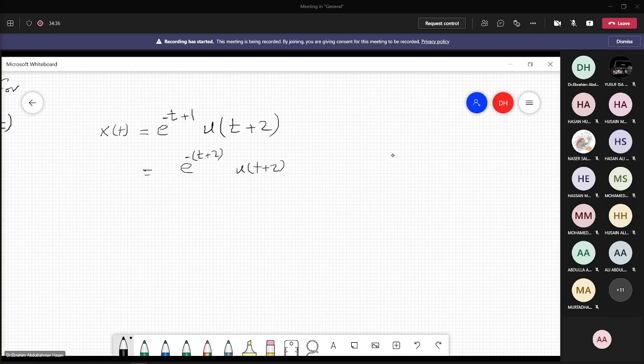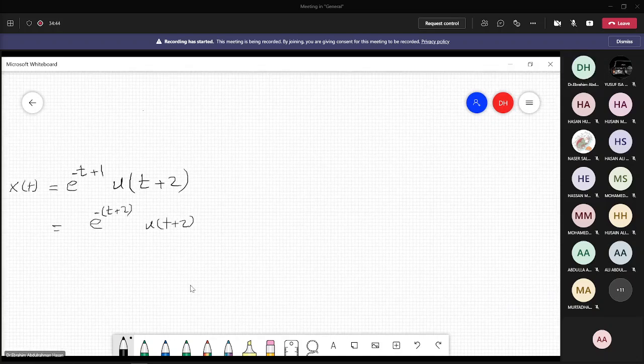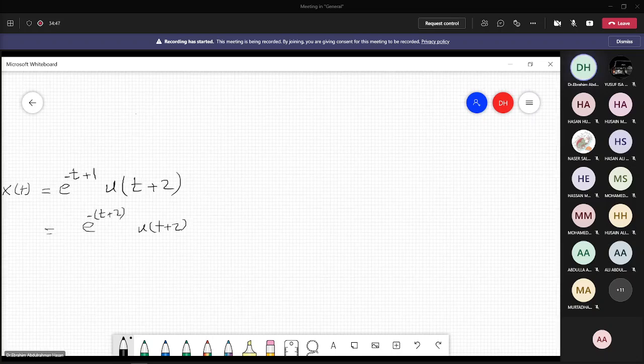So this is what I want. See this e to the power of minus t plus 1. If I add 2 and subtract 2 here, that means I add 0.